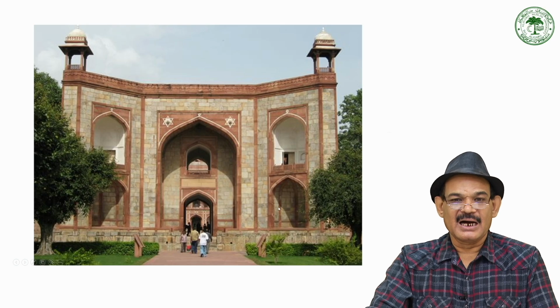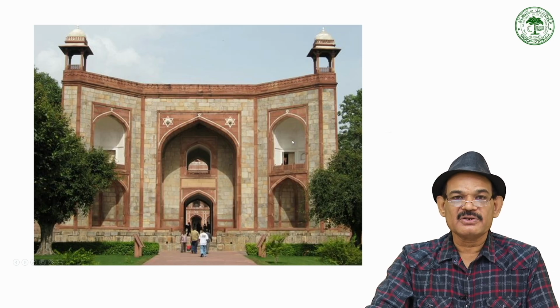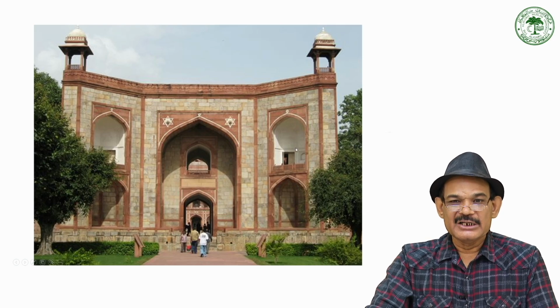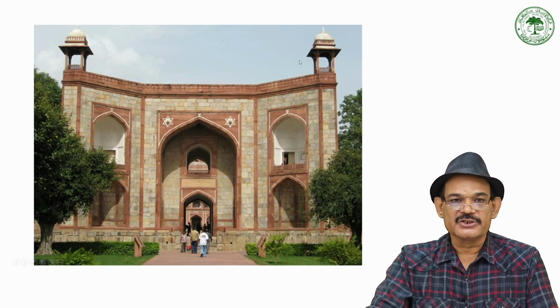The side wings have a cornice at the upper part, running from end to end, and the side wings projecting outside at 45 degrees are composed of double-storied alcoves. These alcoves provide access to the inner side.